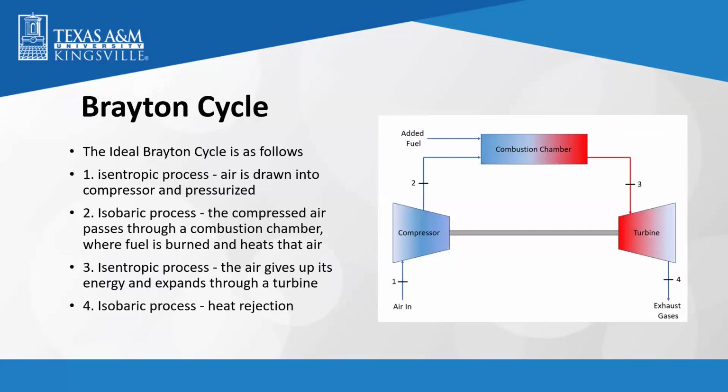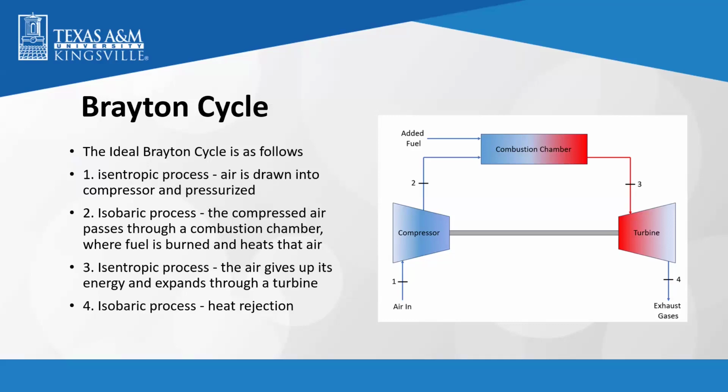Here's the Brayton cycle. To design the combustion chamber and safely produce the thrust, it is important to understand and study the Brayton cycle. This is the ideal Brayton cycle. The air goes into the compressor and is compressed to a higher temperature and pressure, and this process is isentropic, meaning there's no heat exchange.